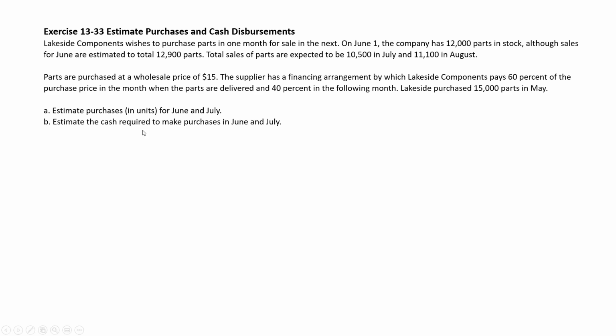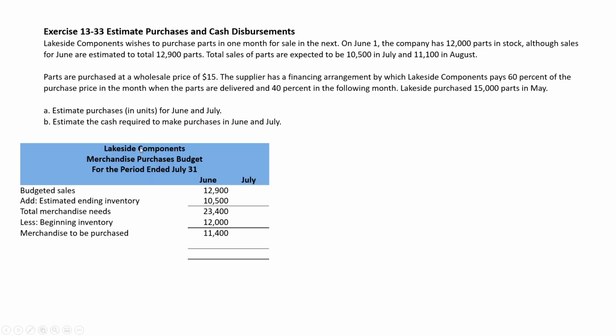So I'm going to go through here, and very similar to what I did for production, my starting point is going to be budgeted sales. And keep in mind, I'm looking at June, and so I'm looking at budgeted sales for June. I understand you're going to go, well, what about this policy? We'll come back to it. Budgeted sales for June are 12,900.